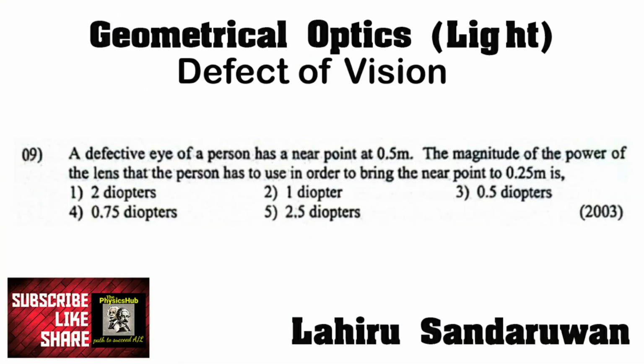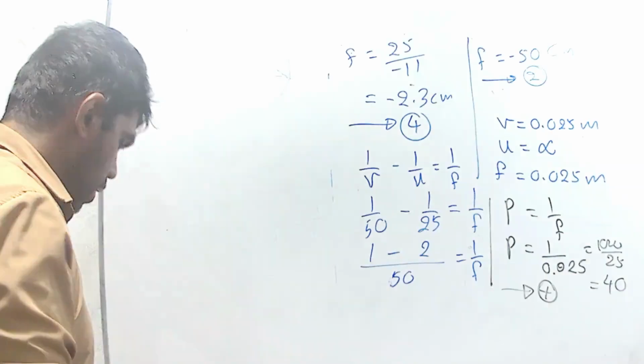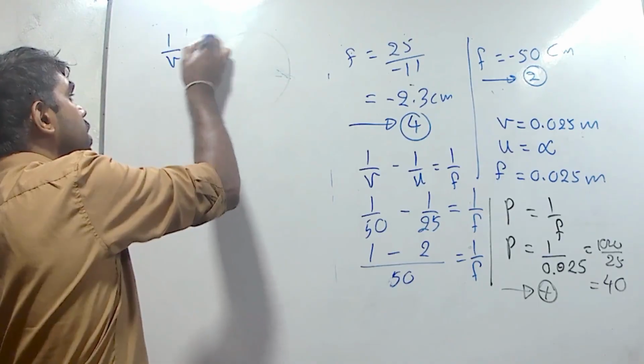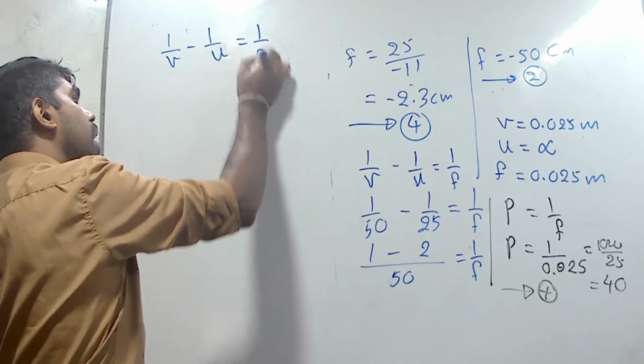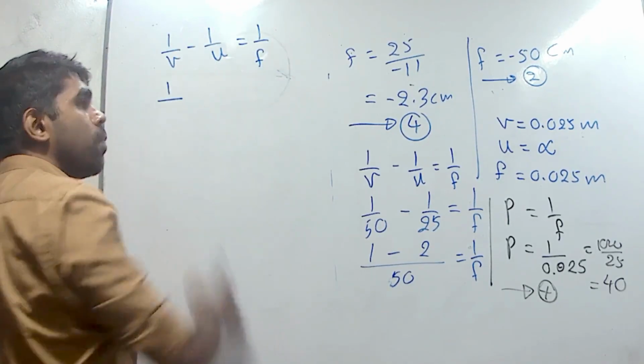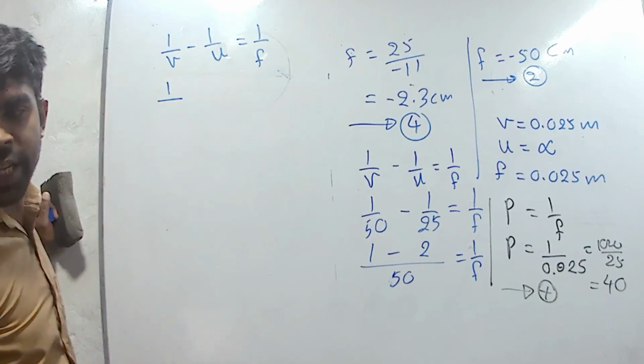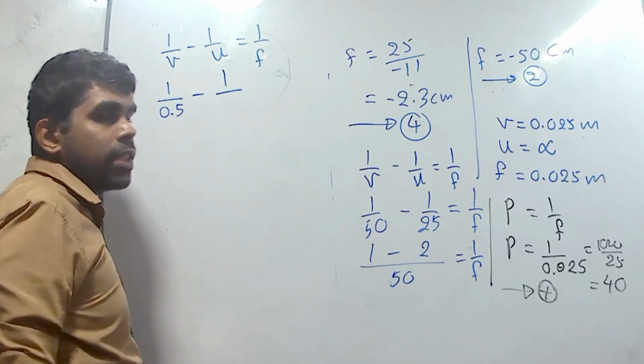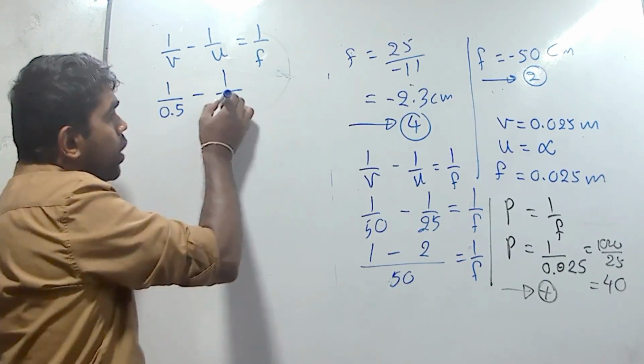A defective eye of a person has a near point of 0.5 meters. What is the magnitude of power of the lens that the person has to use in order to bring the near point to 0.25 meters? Again, by using the wearing lens, an image should be formed at the distance he can see, 0.5, for the object at 0.25.